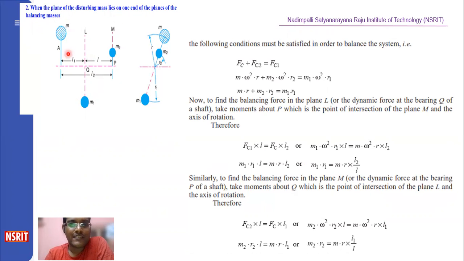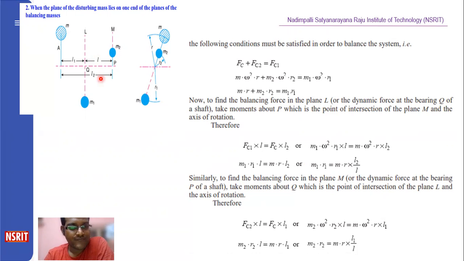Here M1 and M2 are the balancing masses, where M is the disturbing mass. This is one balancing mass inside of the disturbing mass.